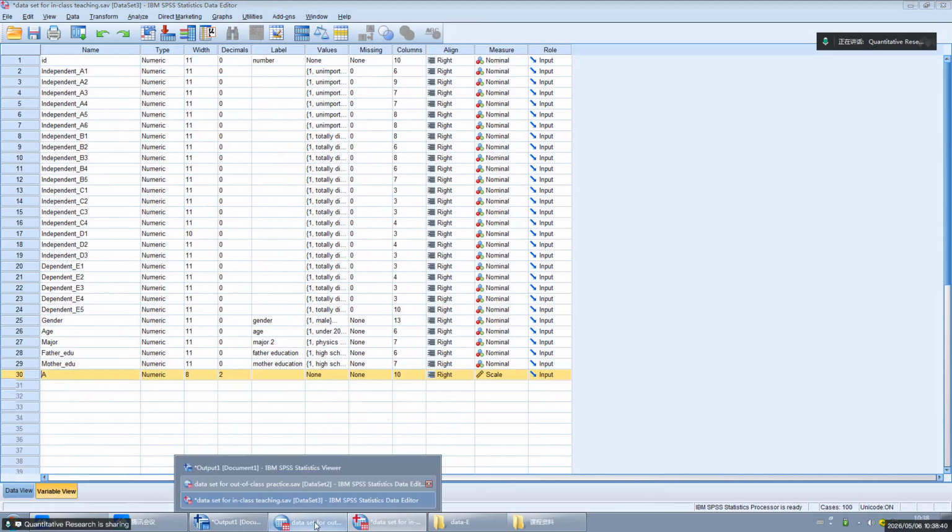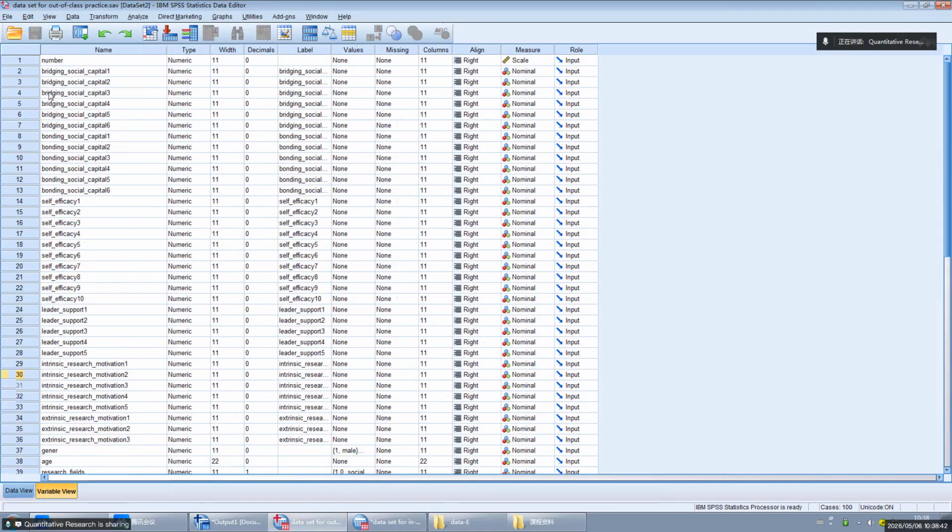And also, compute the mean score for all these constructs. But pay attention. You compute mean scores separately for intrinsic and extrinsic.